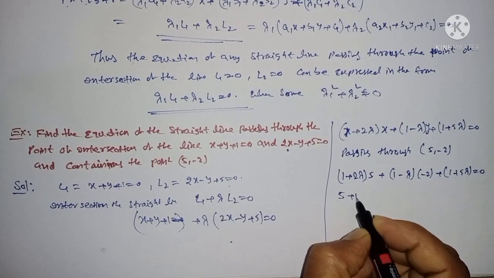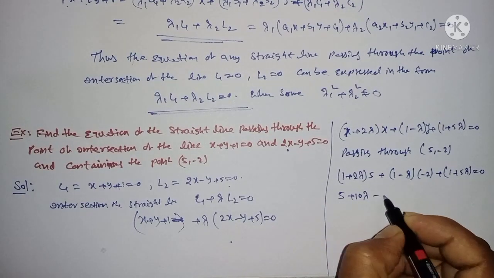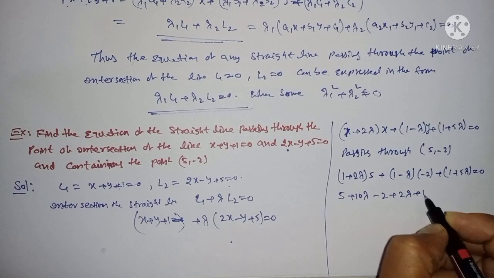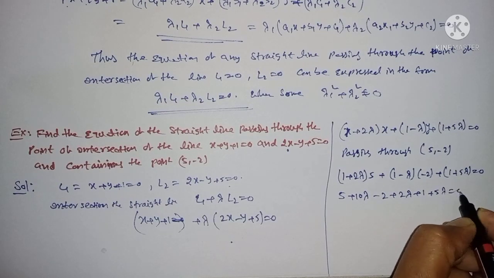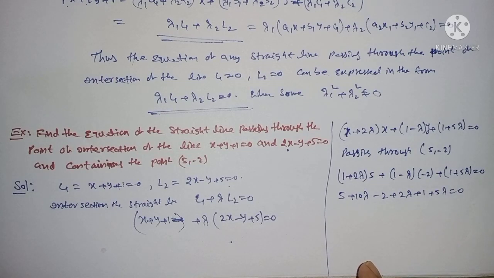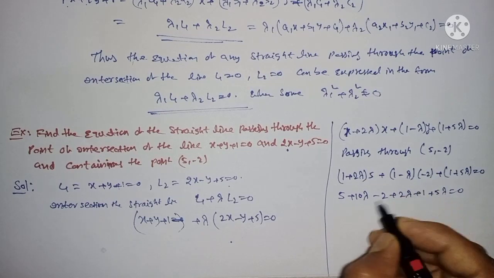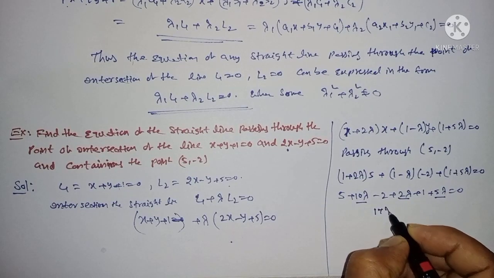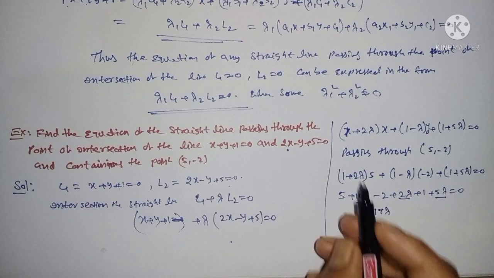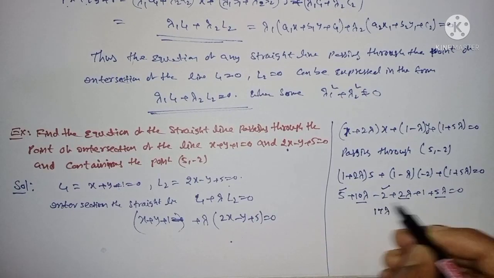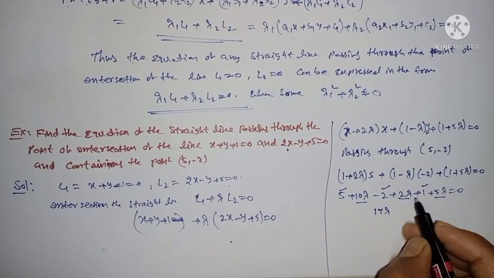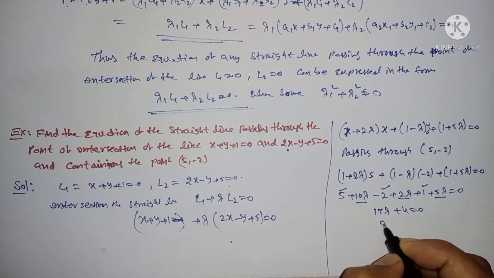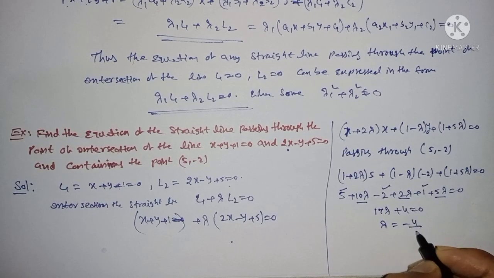Therefore 5 plus 10 lambda minus 2 plus 2 lambda plus 1 plus 5 lambda is equal to 0. How much you are getting here? 17 lambda you are getting, 10 plus 2 plus 5, that is 17 lambda. What is the constant? 5 minus 2 is 3, 3 plus 1 is 4, plus 4 is equal to 0. Therefore, lambda is equal to minus 4 by 17.